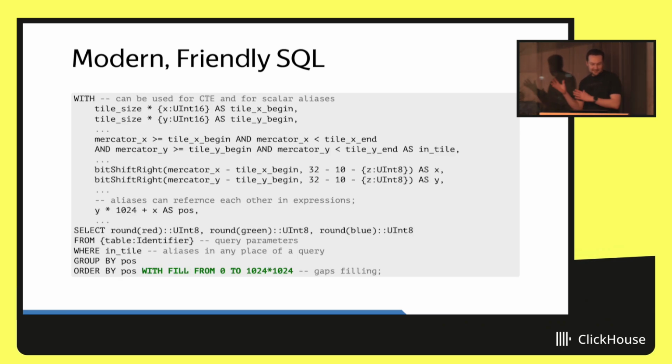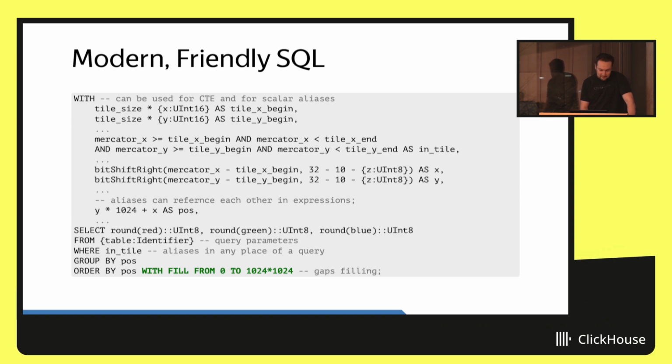ClickHouse has a quite convenient, modern, friendly SQL language. So inside the WITH section, you not only can specify common table expressions, you can also specify aliases, like here. And then you can use aliases in any place inside the query.